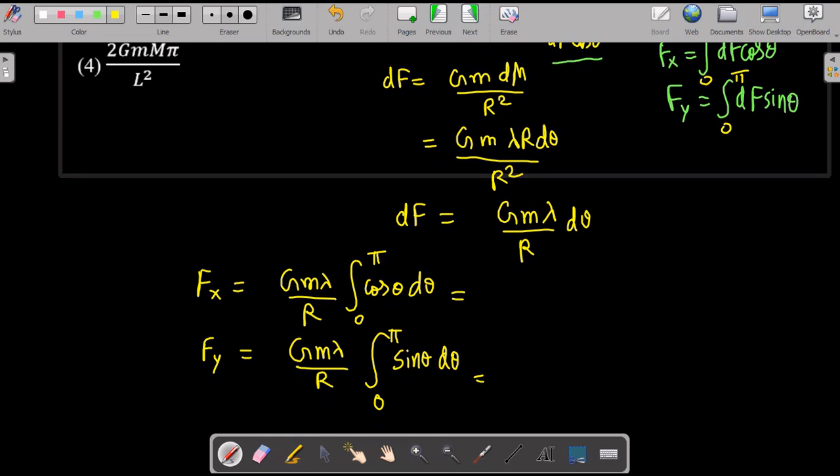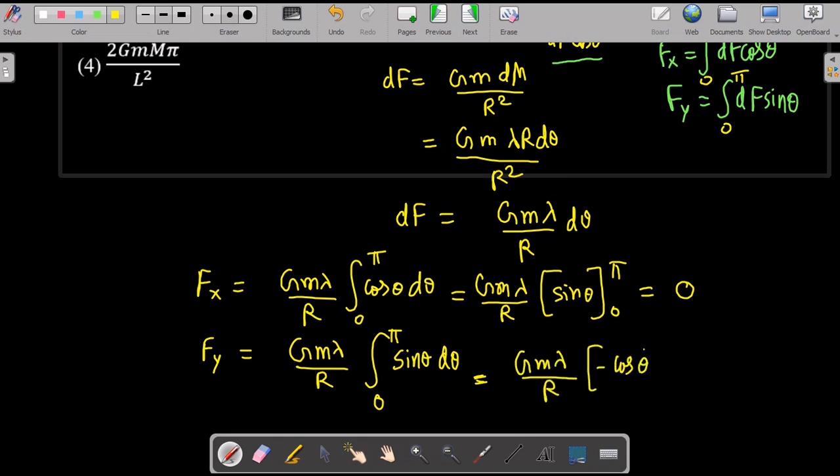Now let's do it. So definitely the integration of cos is sin, and you have to integrate it from 0 to pi, and you know that sin pi is 0 and sin 0 is 0. Both are 0, so this becomes 0. That's what I was telling, that they will cancel out. Now along the y-axis, the integration of sin becomes minus cos, so G m lambda by r times minus cos theta from 0 to pi.